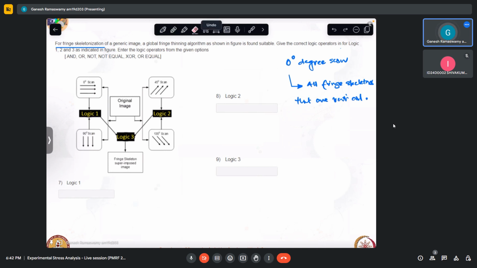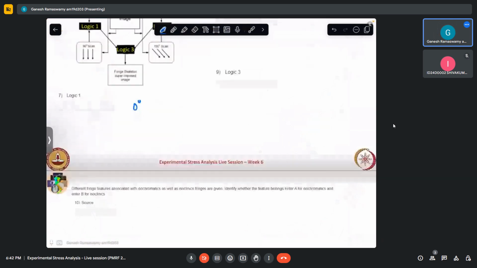Other way to put it is, it will remove all those that are not vertical. So rather let me write it like that. So 0 degree retains vertical fringes and removes horizontal fringes.